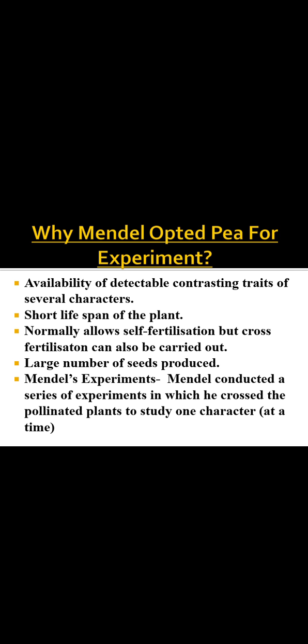It is a very special plant for the experiment, especially for inheritance, because of the availability of detectable contrasting traits of several characters. The pea plant is a unique plant which has major contrasting traits, so different characters can be seen in it.